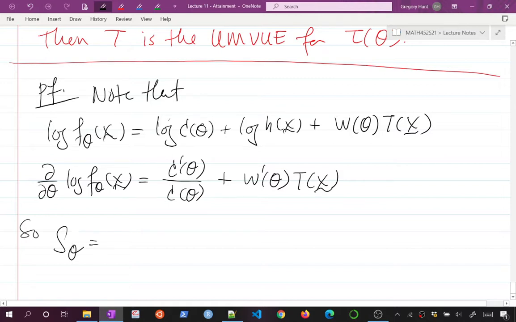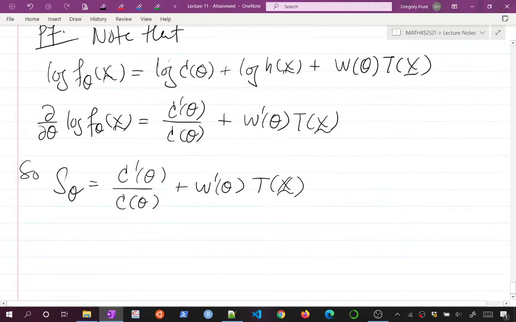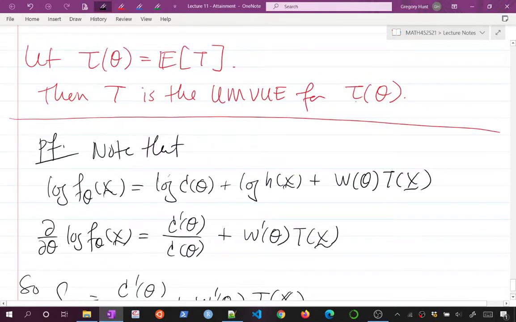So my score is basically c prime theta over c of theta plus w prime theta times t of x, all right? Something like that. And so this is looking kind of promising. What do I want to do? I want to write this as something times t, right? I want to show that t is the UMVUE for tau of theta.